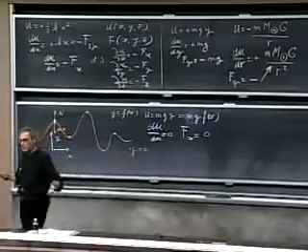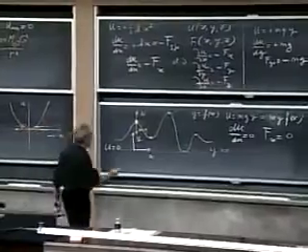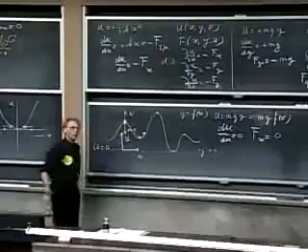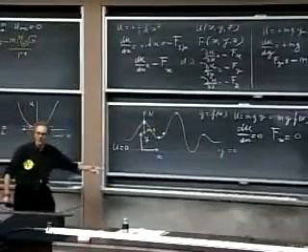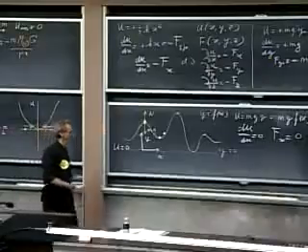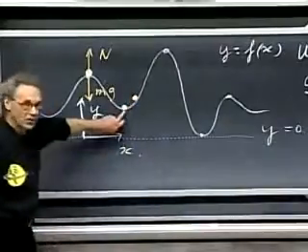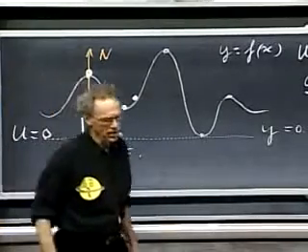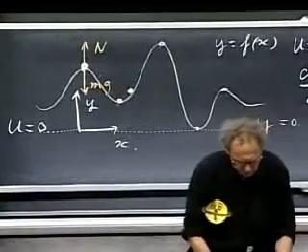In fact, what will happen is it will go to a lower potential energy. Here, however, if this one is offset, then it will want to go to a lower potential energy. The force is always opposing the direction of increasing potential energy, so the force will drive it back, and that's why we call this a stable equilibrium. It will always go back to that point, and this is an unstable equilibrium.